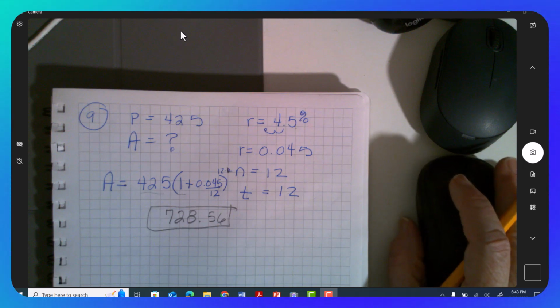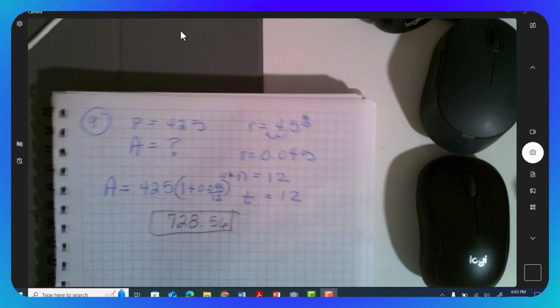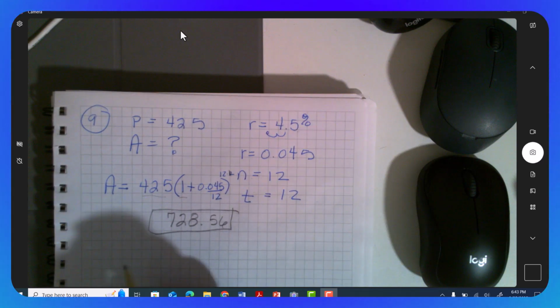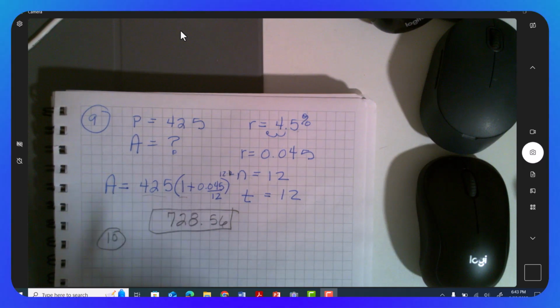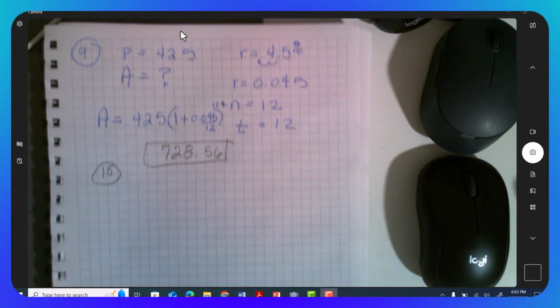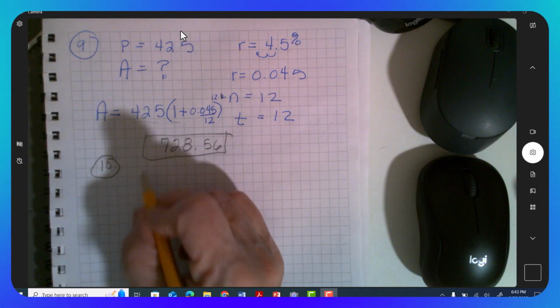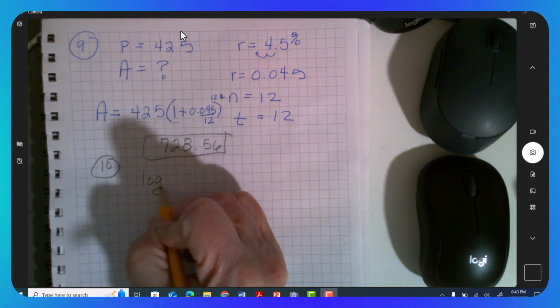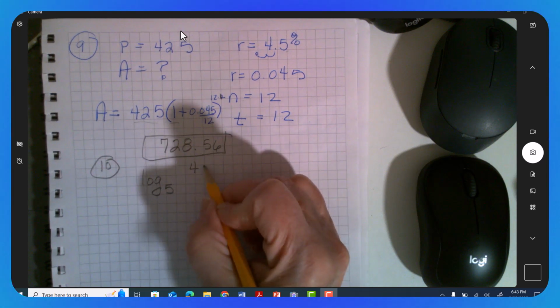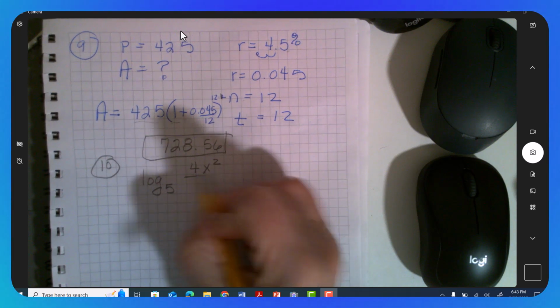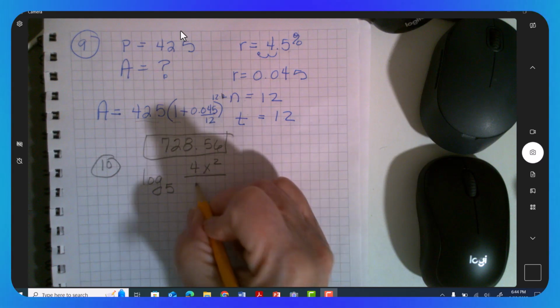Okay, let's move down to question number 10. Question number 10 asks us to expand log base 5 of 4x squared over y cubed.